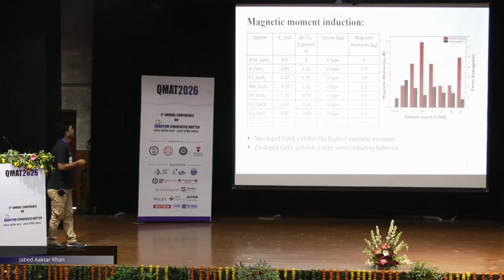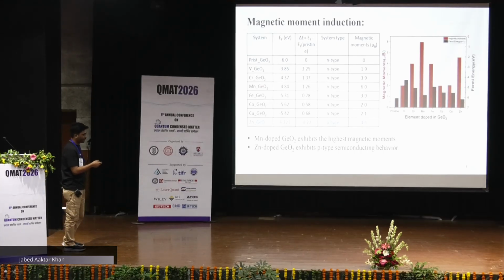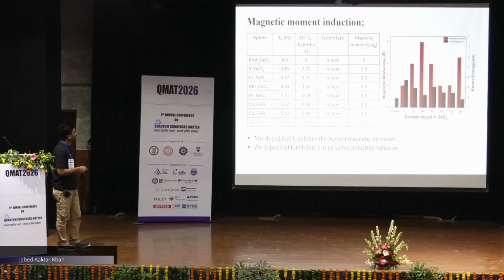Next, we have calculated the induced magnetic moment. Here we plot the induced magnetic moment versus element doped in the GeO2 monolayer. Pristine GeO2 system is non-magnetic, so induced magnetic moment is 0. But in case of doped systems, a magnetic moment is induced. For manganese, the magnetic moment is highest.